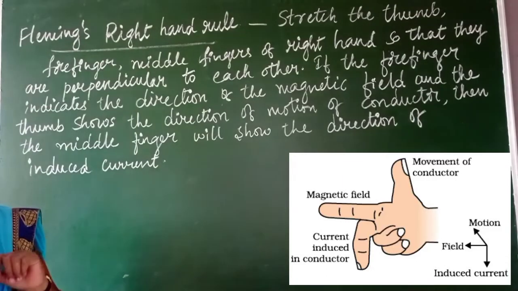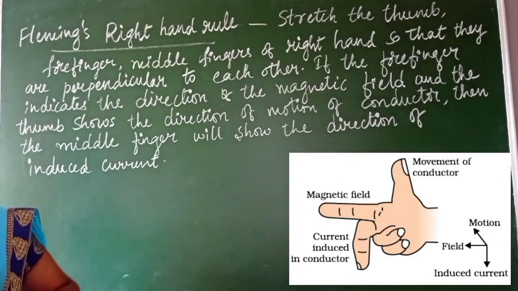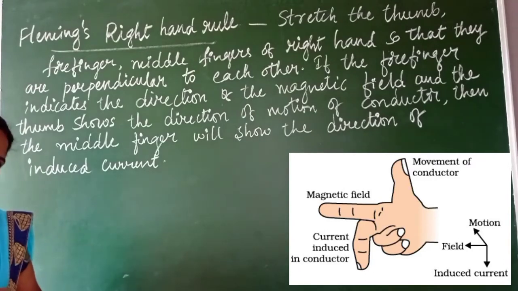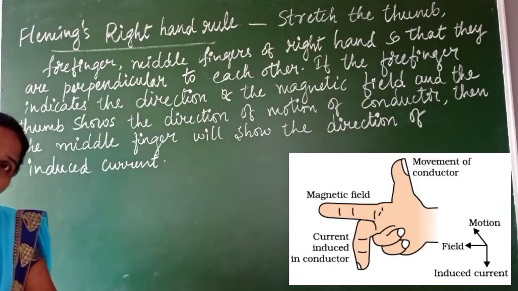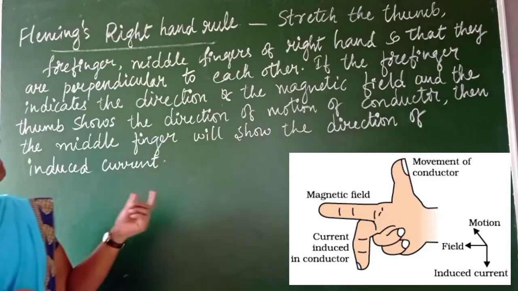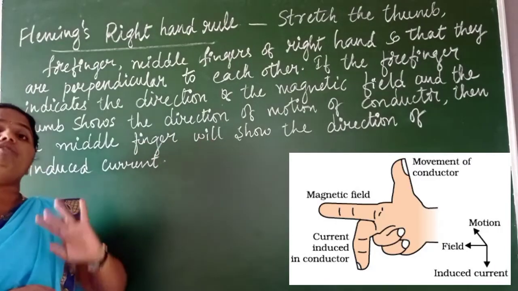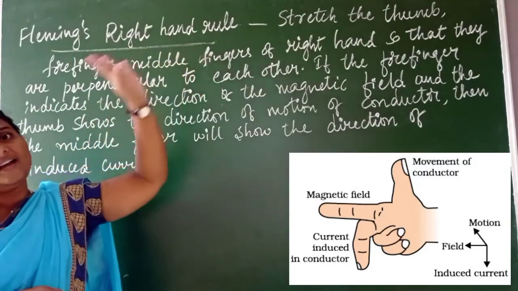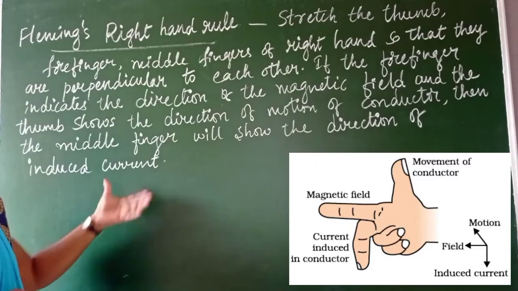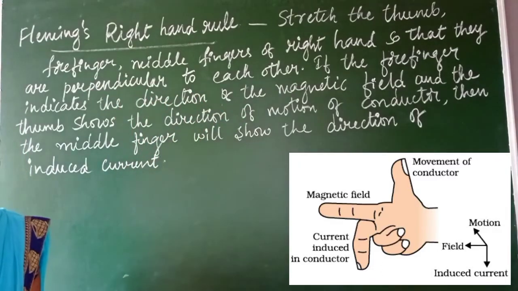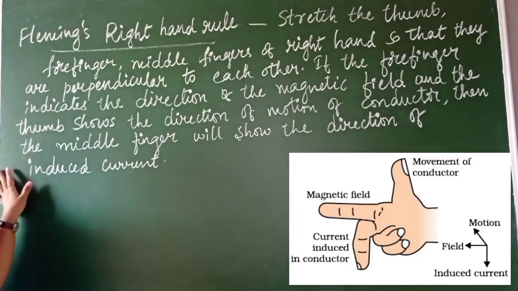In the working of an electric motor, which rule did we use? Fleming's left hand rule, isn't it? In order to know the direction of a force, we used Fleming's left hand rule. But here, in order to find the direction of an induced current, we have to use Fleming's right hand rule. This rule we will use widely in our electric generators, children. Okay, we will study how it works.